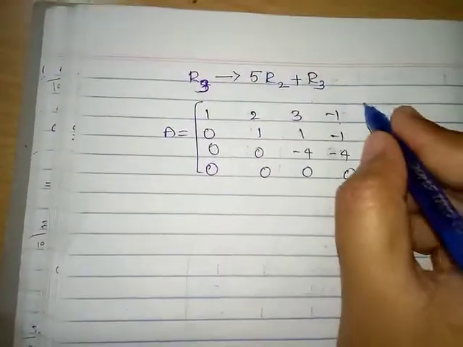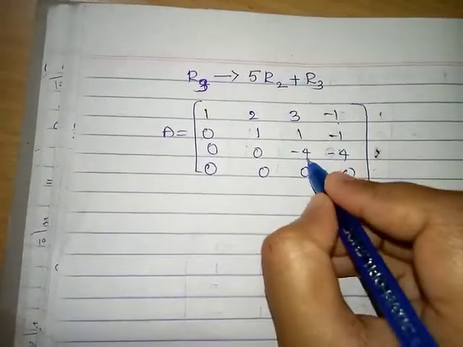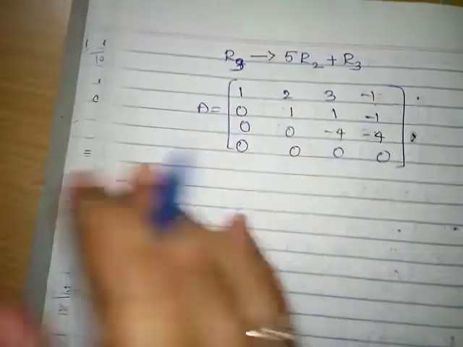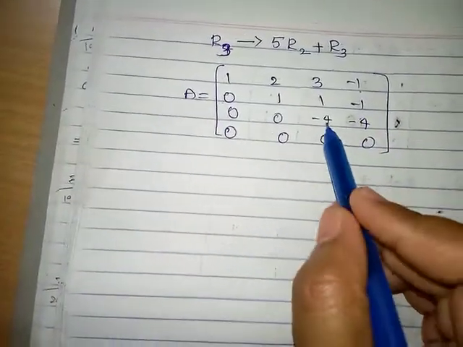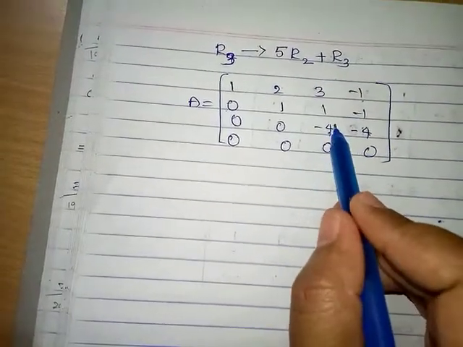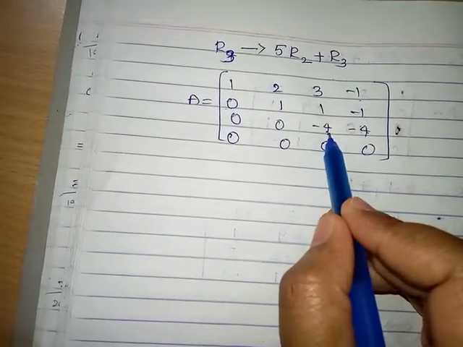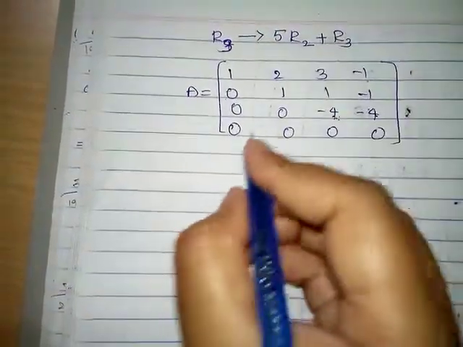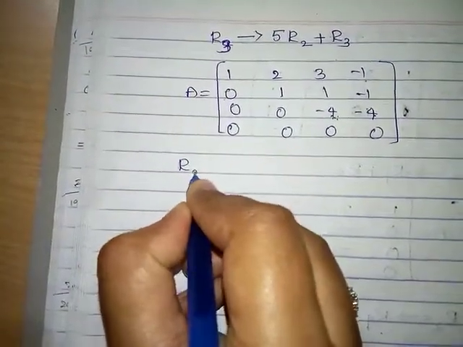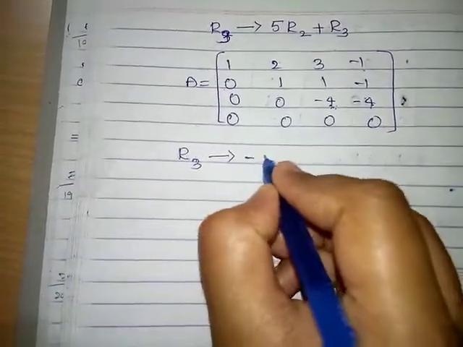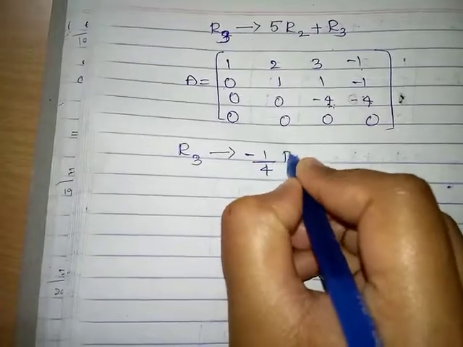When we apply this transformation, we get the third element as minus 4 and the fourth element also minus 4. According to our echelon form, this is a non-zero row and this is the first non-zero entry. The condition is that it must be 1. To get 1 here, I will apply the transformation R3 changes to minus 1 divided by 4 into R3.